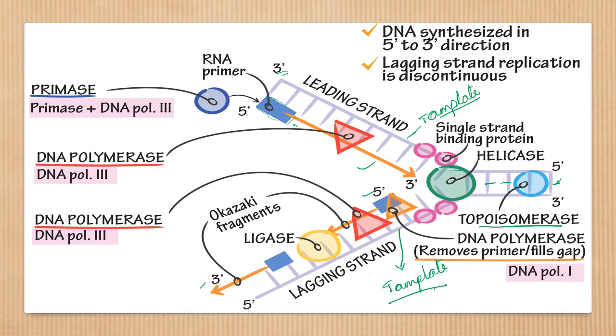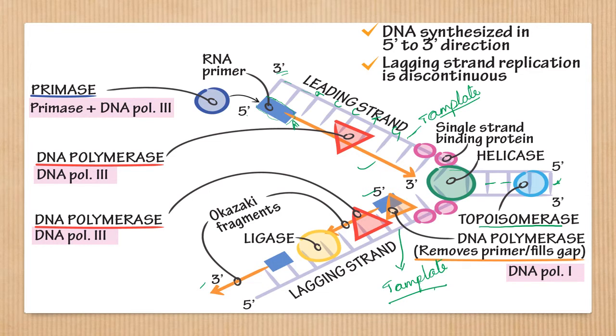RNA primer is formed. Here a nucleotide sequence is present, the nitrogen base sequence. This old strand has a nucleotide sequence: A, C, C, T, G, like this.